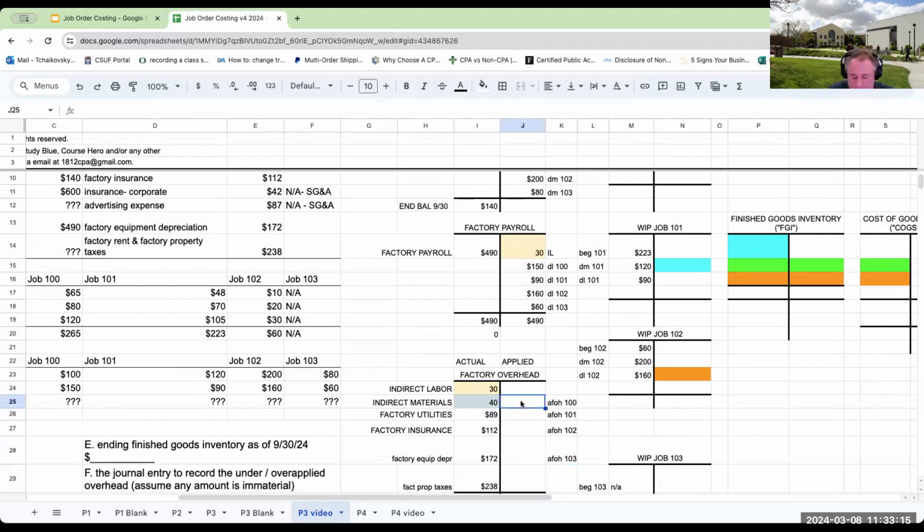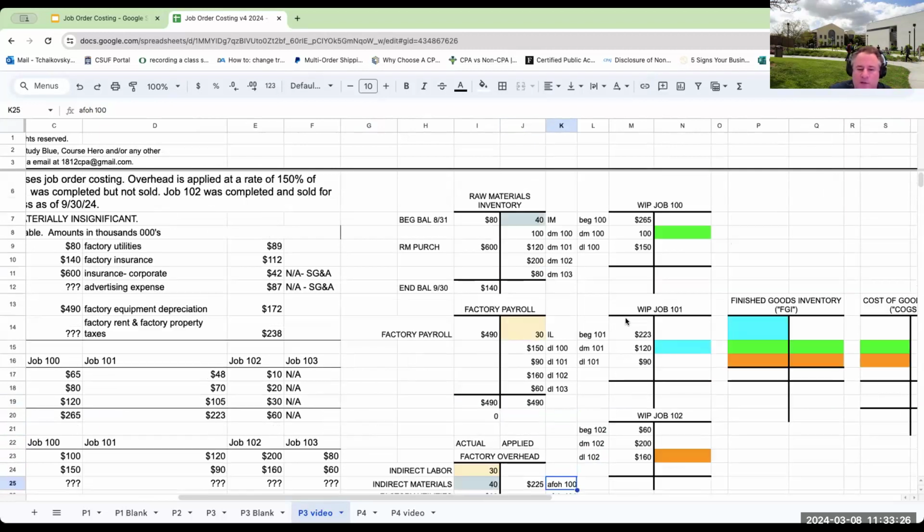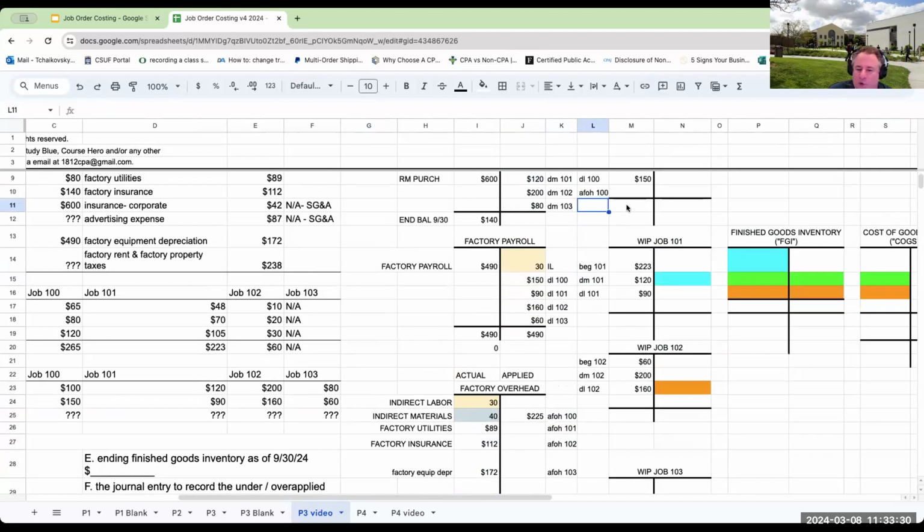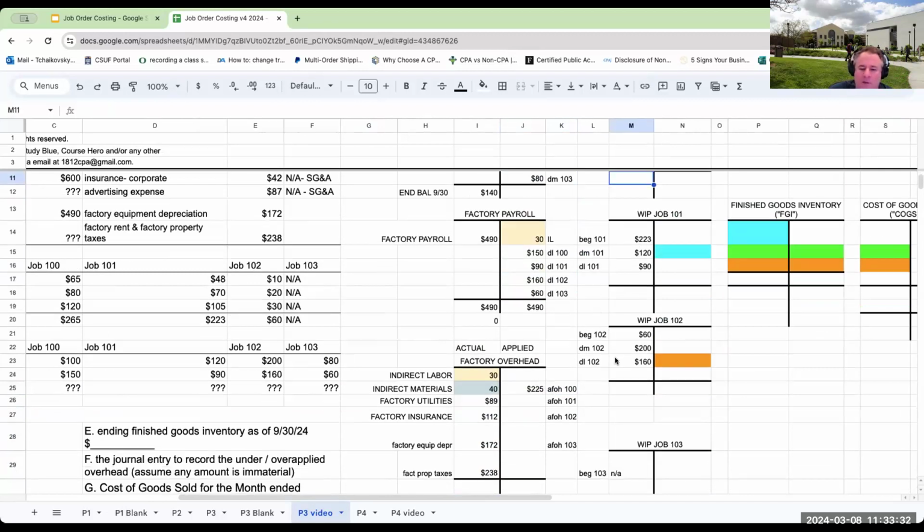If I take the amount of the direct labor and multiply it by 1.5, I'm going to get 225.